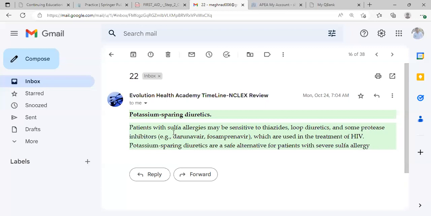Because sulfur allergy patients may be sensitive to thiazide, loop diuretics, and some protease inhibitors, like darunavir, an antiviral used in the treatment of HIV. But potassium sparing diuretics are the safe alternative for patients with a severe sulfur allergy.